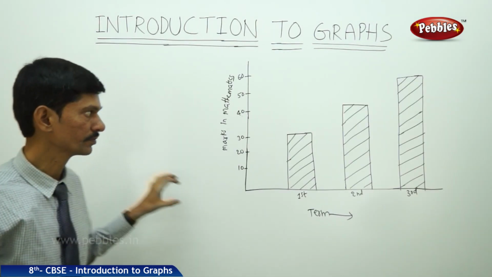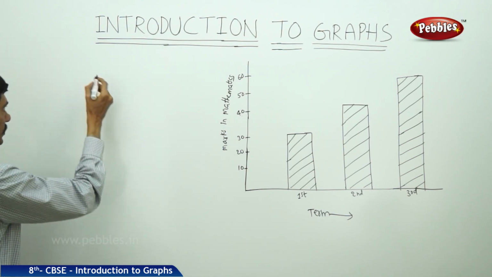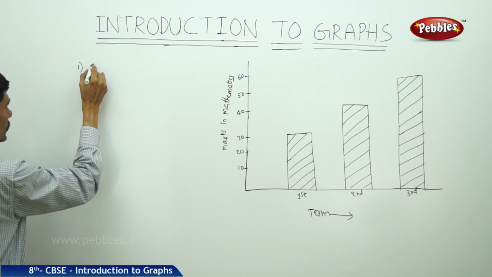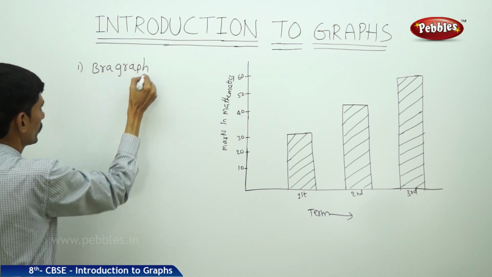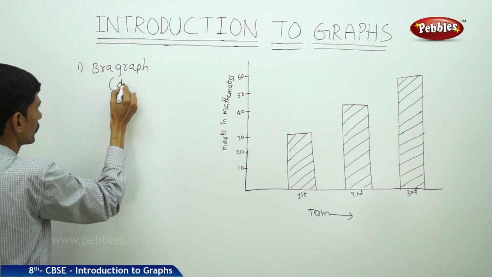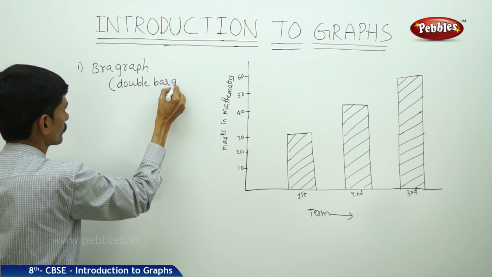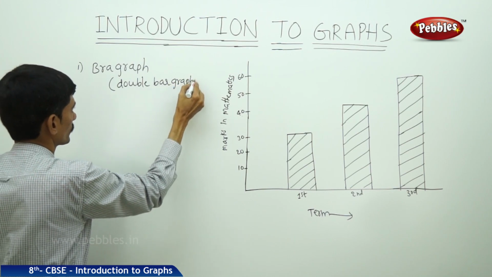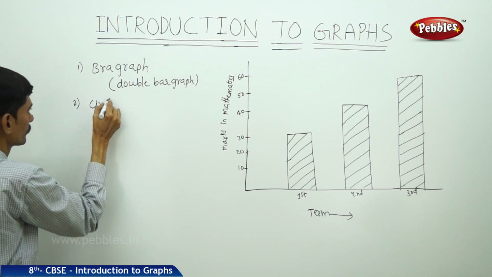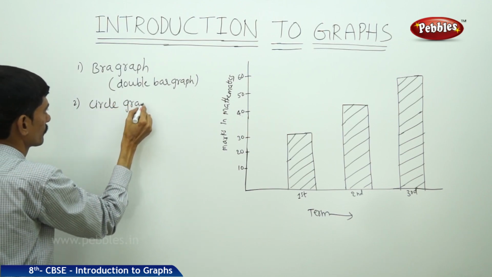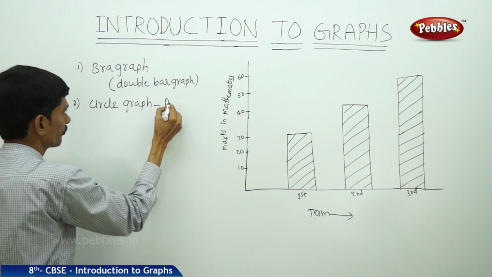There are different types of graphs, meaning different types of graphical representation. The first one we can take is the bar graph, or sometimes we draw the double bar graph. And we can take the circle graph, which is also known as the pie graph.